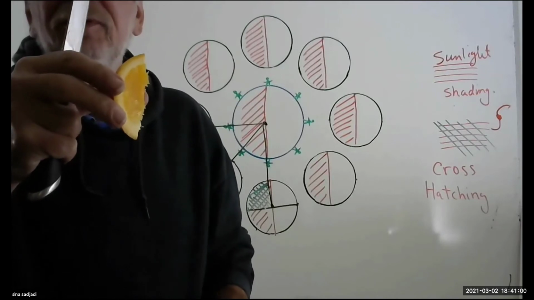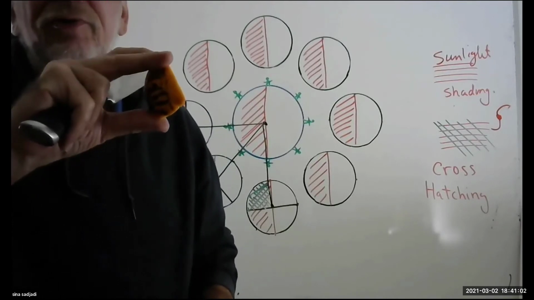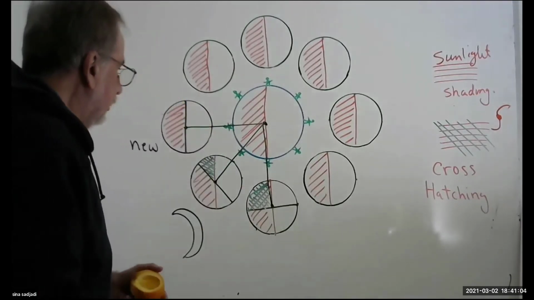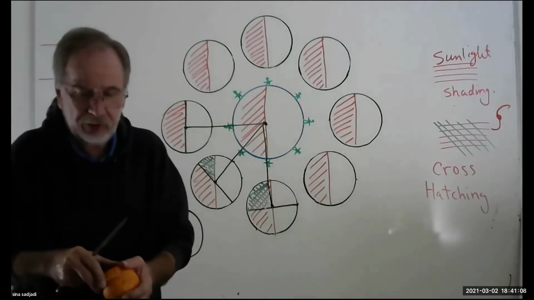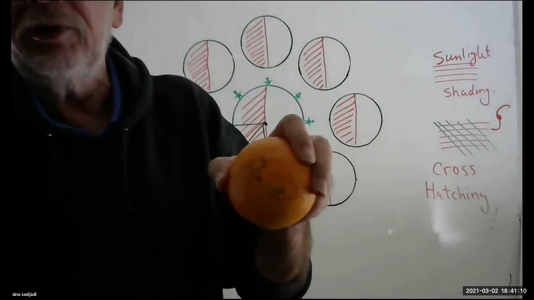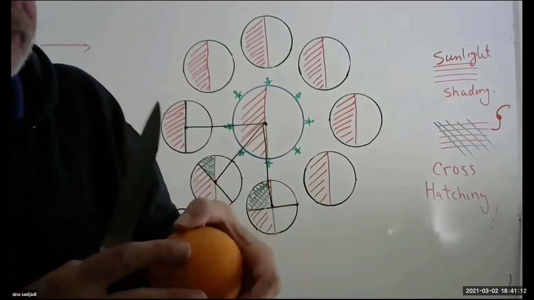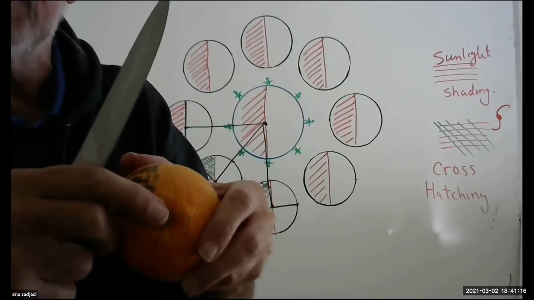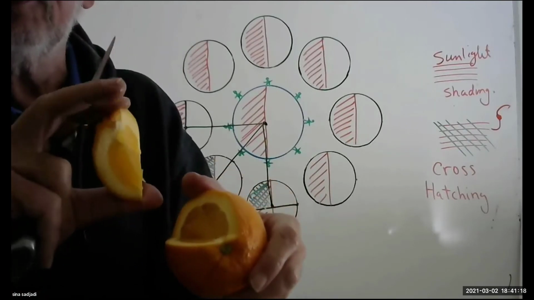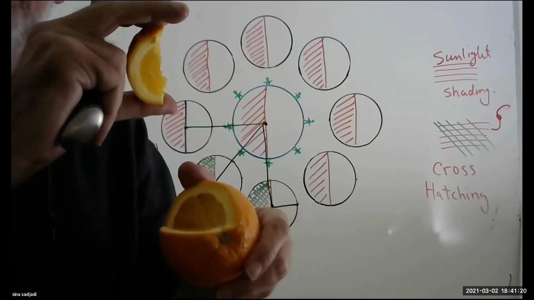From this angle, it looks like a crescent. Triangle, crescent. Crescent, triangle. Just like that. Are there any questions here? So if I put it together, it looks like our moon again. If I take it off and look at it from the side, it looks like a crescent. Like that. All right.